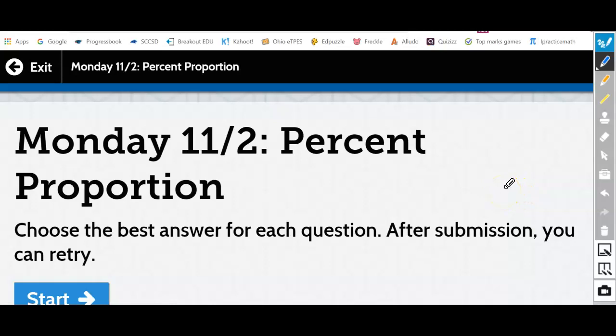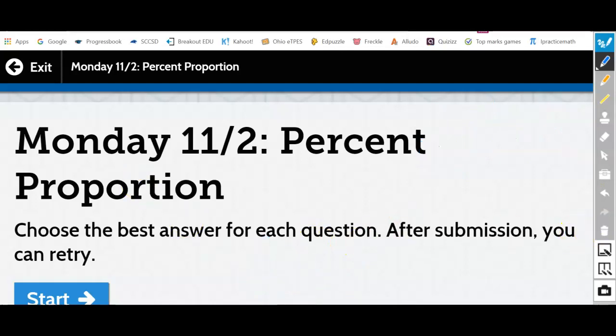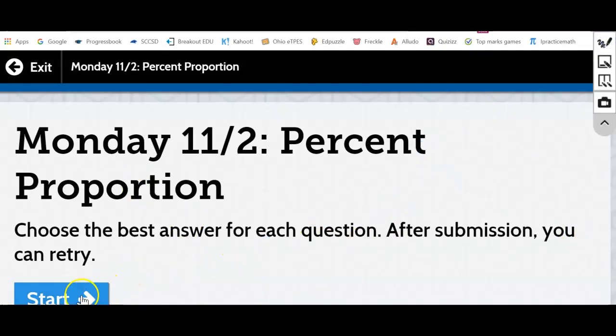What do we get? Did you multiply by 1 over 100? Right? And you got what, Jordan? 1 over 40,000. Yep. All right. Let's look at some of these.